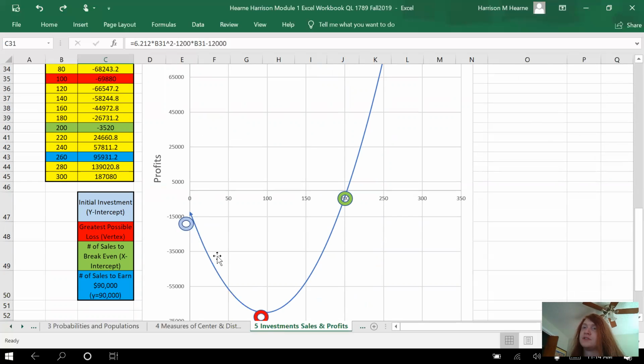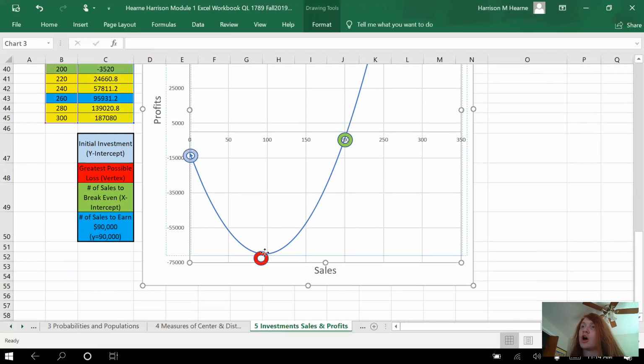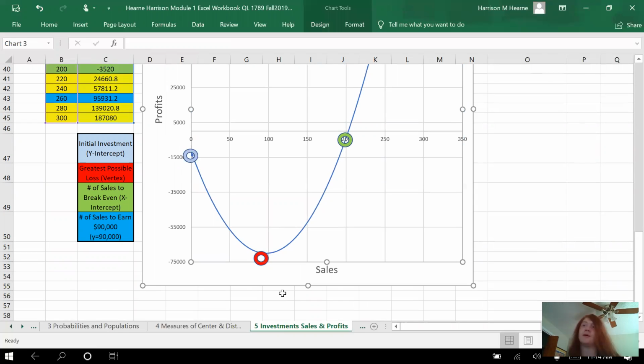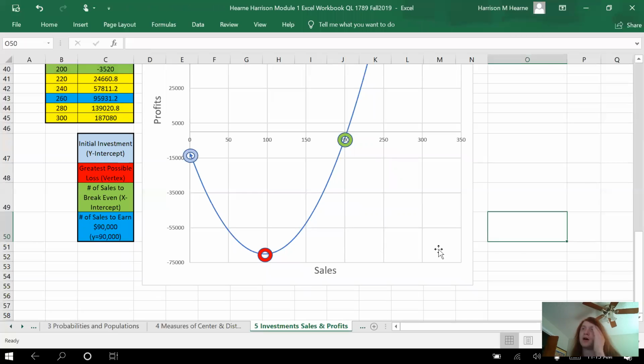And that's because businesses have a certain cost to running them, which takes time to become profitable, because it's not just our initial investment, but we also have to pay our employees and upkeep, and we have to manufacture all the goods that we're selling. So it takes us quite a while before we actually stop losing money.